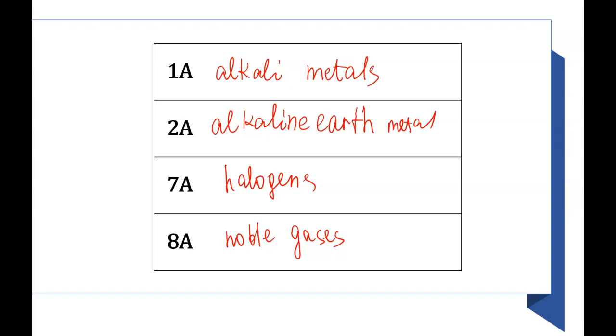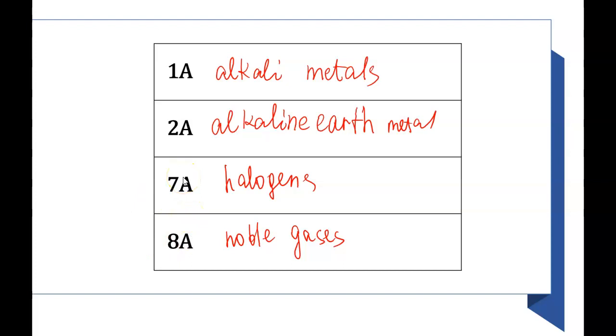Or if I say halogens, that will mean that I want to talk about 7A group elements.